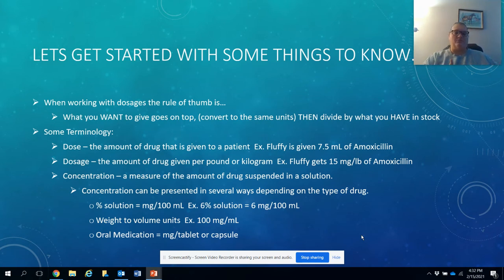So milligram per 100 ml, so a 6% solution would be 6 milligrams per 100 mLs. Weight to volume, and an example of that would be 100 milligrams of drug in 1 ml. And then an oral medication would be milligrams per tablet or capsule.